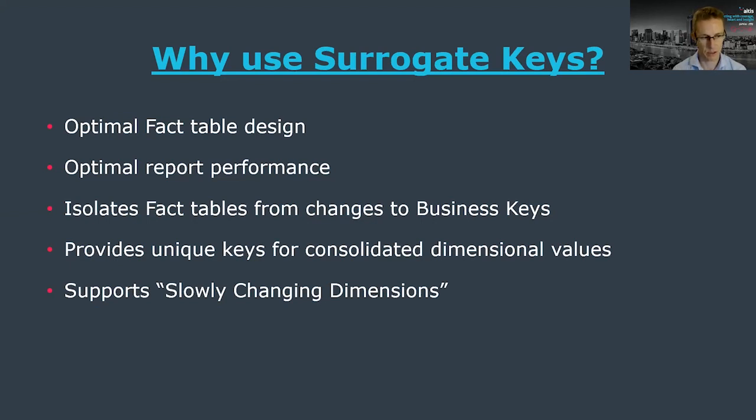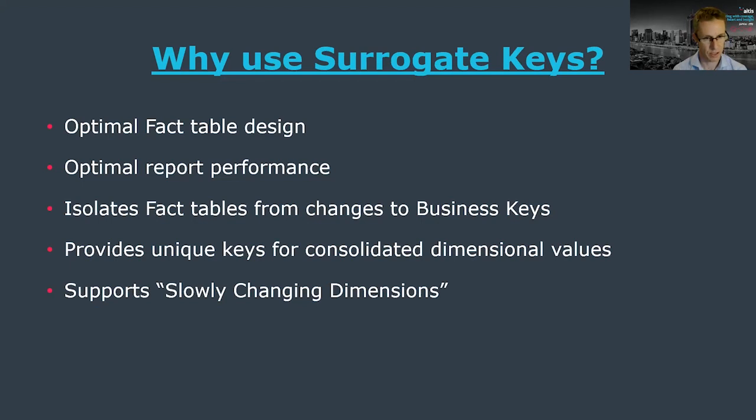So if we were using our business key to form a relationship between our fact and our dimension, we've now got multiple instances of BEV001 in our dimension, and we're not going to know which one we need to use without going down the route of applying additional logic to look at how the date falls between our date range.